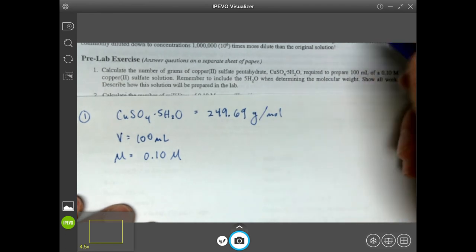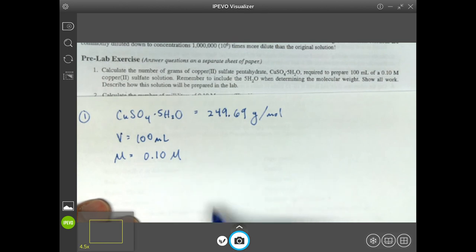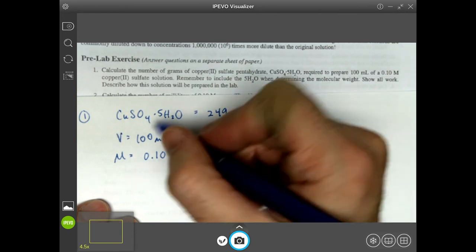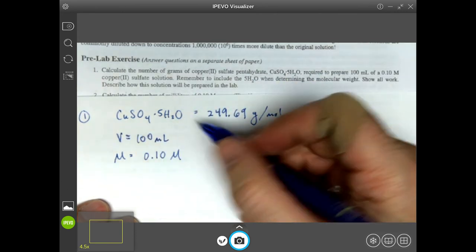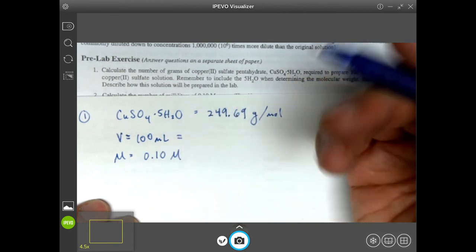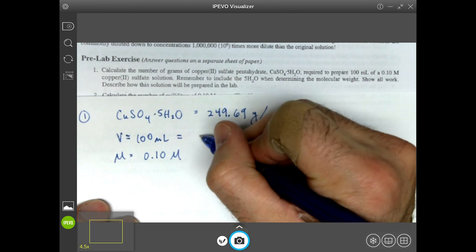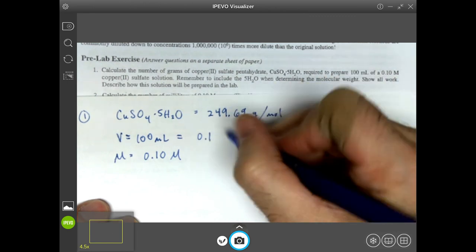Okay, so let's find the amount of grams that we're going to need. So first thing we're going to want to do is turn our volume from milliliters to liters, right? So I'm just going to do it moving the decimal. So 100 milliliters is 0.1 liter.